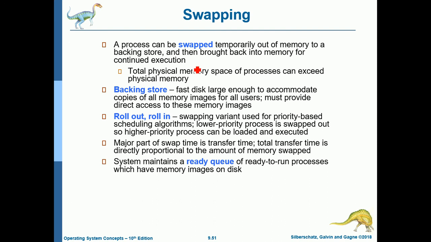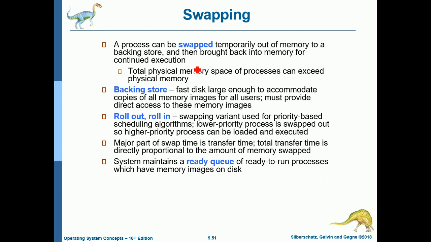But what if you're going to transfer a refrigerator, which is very heavy? Even if you do it by hand, it will take time to transfer it from one location to another. It's also like that in the computer system's main memory. So the total transfer time is always directly proportional to the amount of memory swapped.